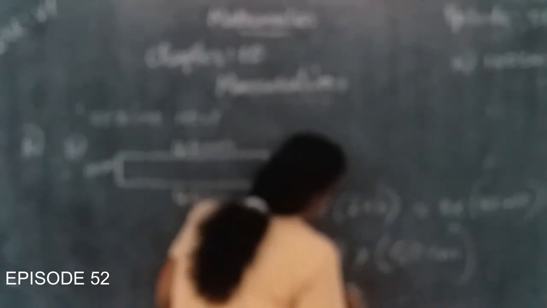So here 2 into 50, we get 5 twos are 10 and here is 0. So you get 100 centimeter. The question is in centimeter, so the unit is centimeter. So the answer is 100 centimeter.